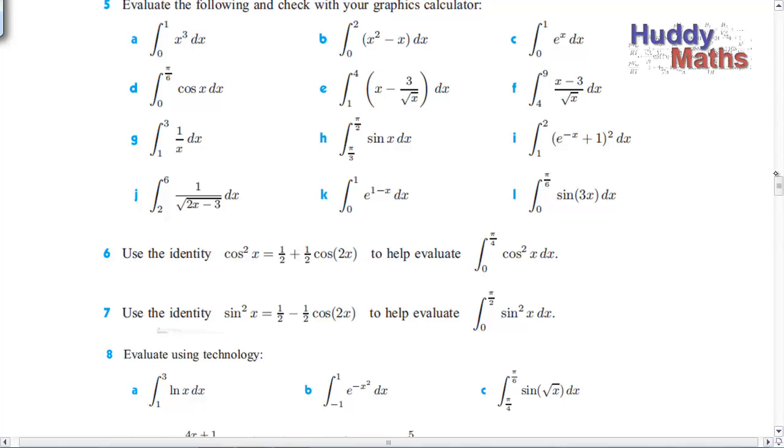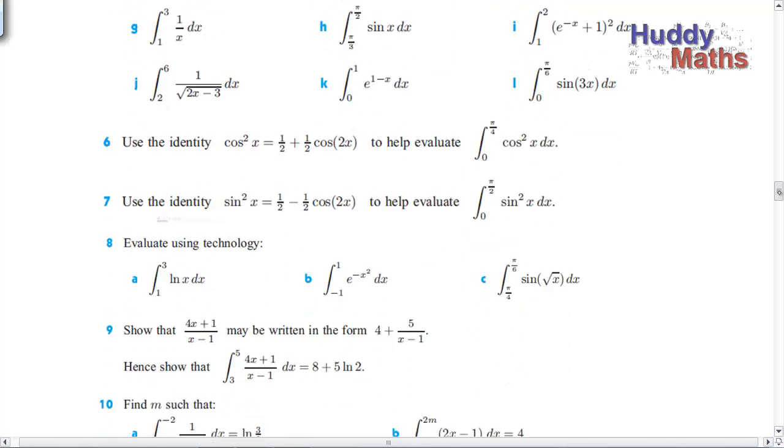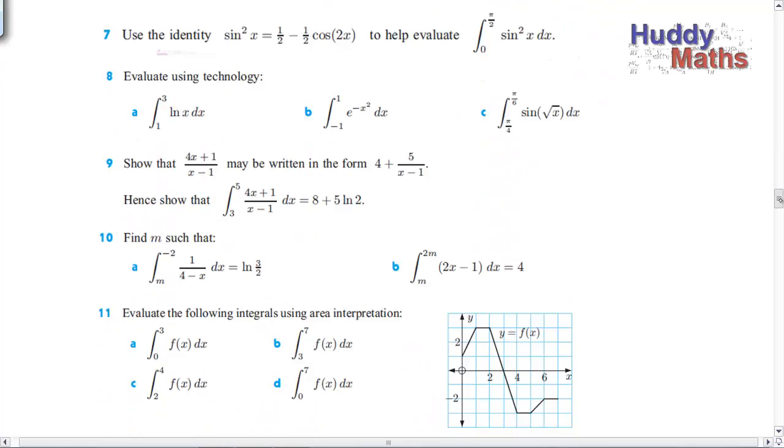Evaluate the following, check with your calculator. That's very, very important. I would check with your calculator twice, with run mode and also graph mode. Okay, 5, 6 and 7. Let's have a look at 8. There's a technology one.